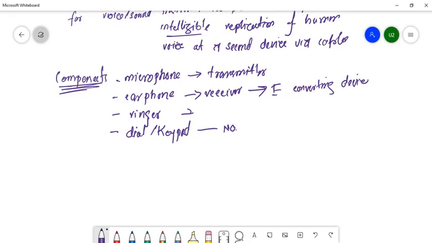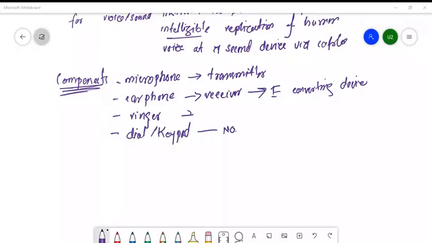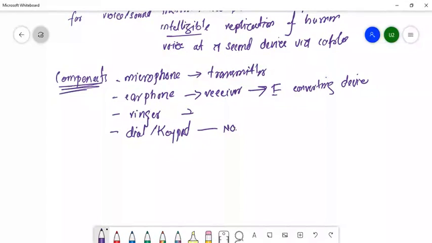Now, how does a telephone work? So let us talk about that a little bit. As we know already, the telephone has a loudspeaker besides the microphone.